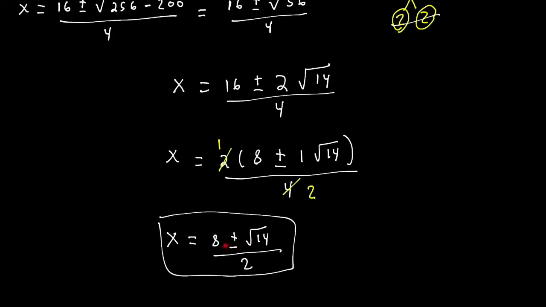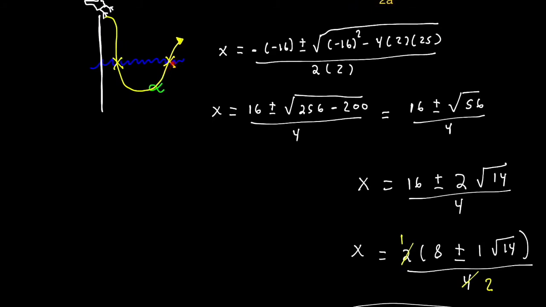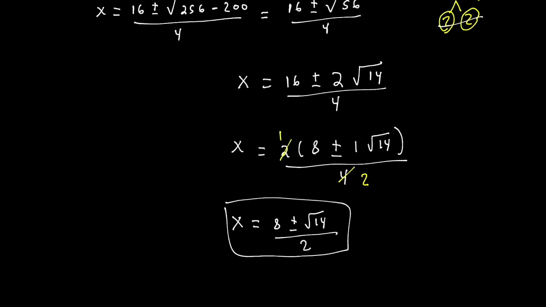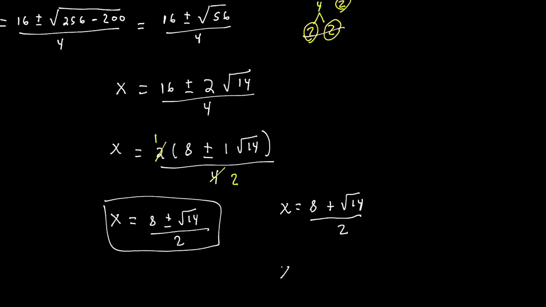That takes into account both solutions, but recall that we only want the one on the right, so we want the bigger one. So here we have 8 plus root 14 all over 2, and then we have 8 minus root 14 over 2. So this one's going to be bigger since we're adding, and here we're subtracting.